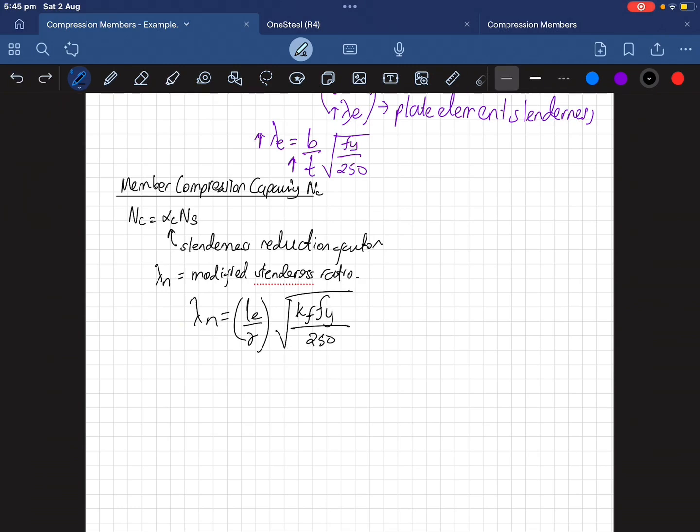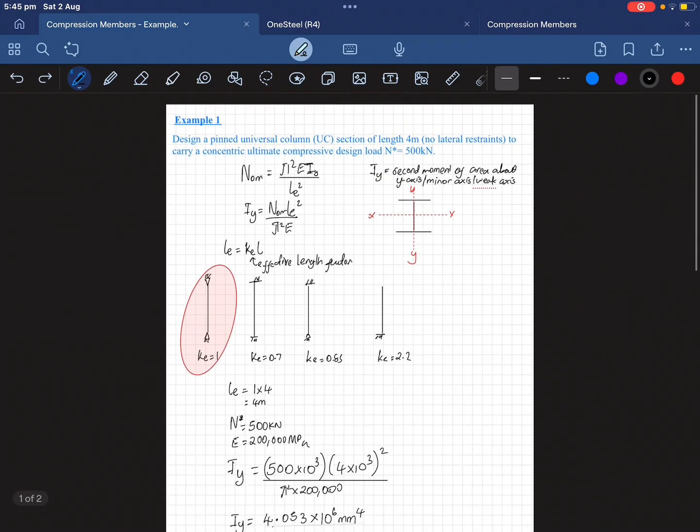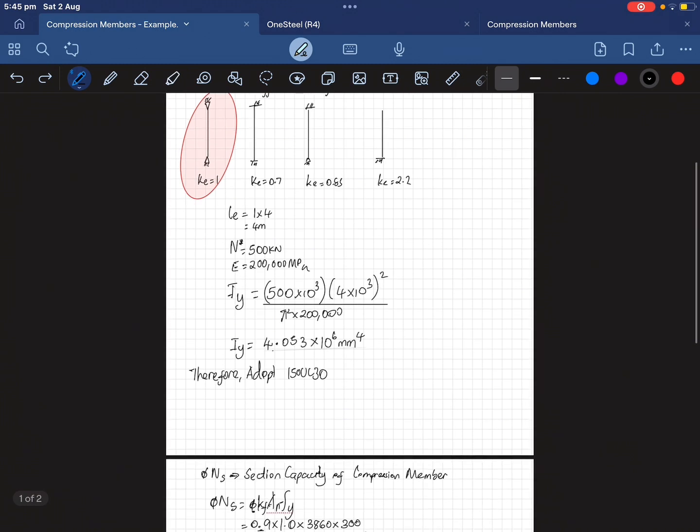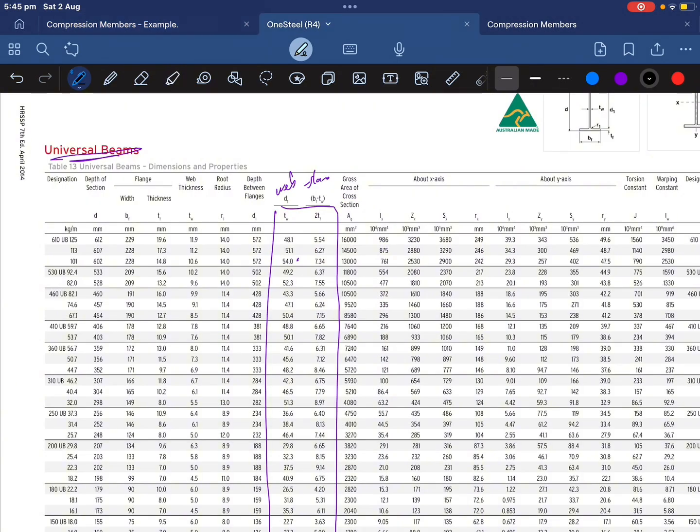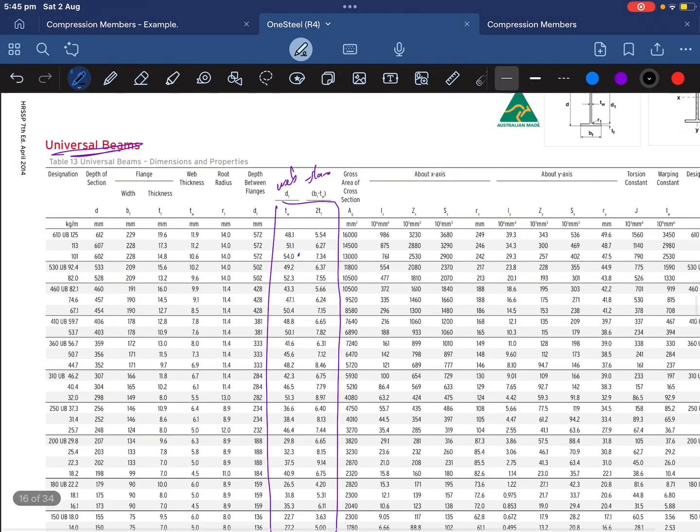In this case, we know everything here, right? We've said that LE from over here equals 4 meters. We know that R is the radius of gyration about the minor axis, and that's a factor that you can get from here.